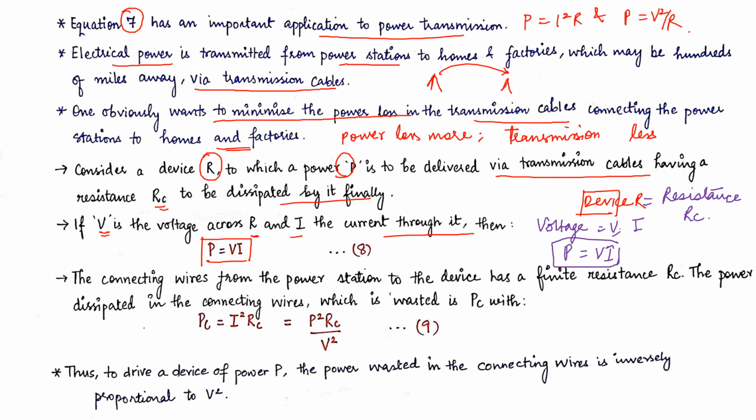The connecting wires from the power station to the device have finite resistance. RC is not infinite. Okay, it has some numerical value. It is finite. It could be 1, 2, 3, 10, 100, 1000, something like that. The power dissipated in the connecting wires, which is wasted, is PC. PC is the power wasted in the system.